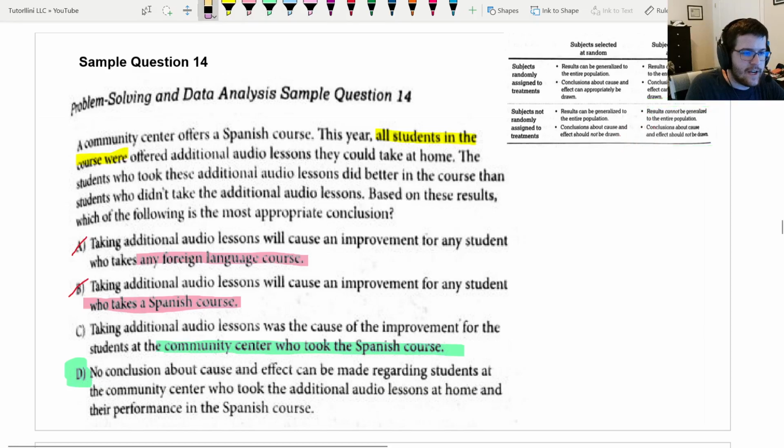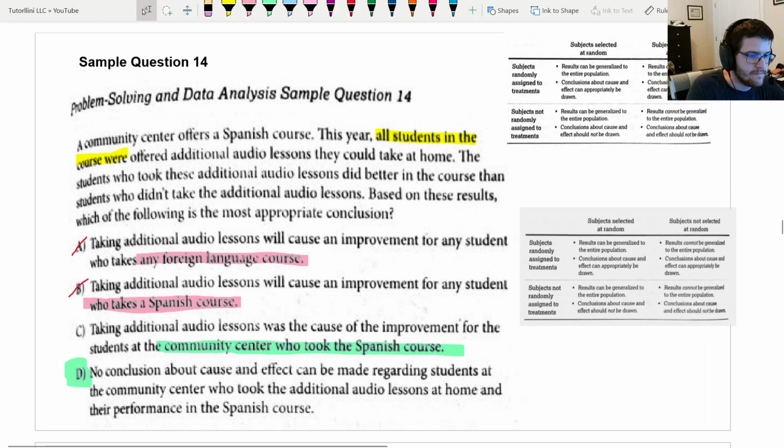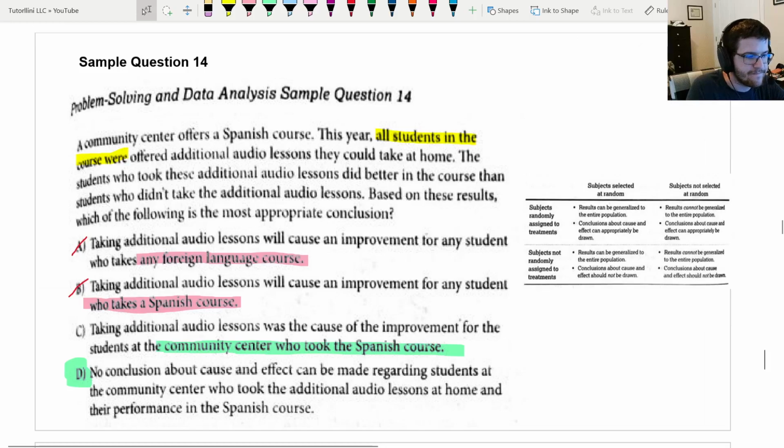The big problem is that we didn't do random assignment, so we can't draw conclusions about cause and effect. An example of random assignment in this context would be: let's say there's 50 students in the community center course, and we randomly assign 25 of them to get the additional lessons, and we randomly assign another 25 of them to not get the additional lessons.